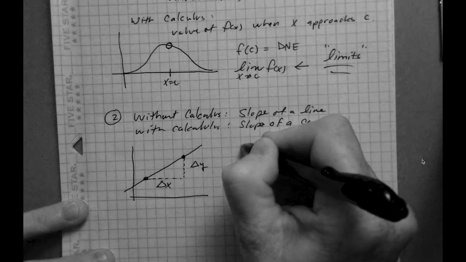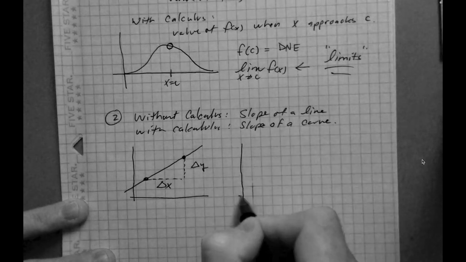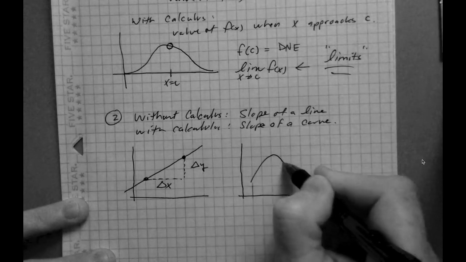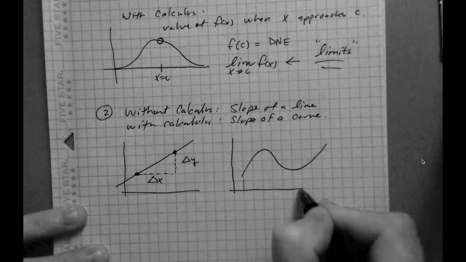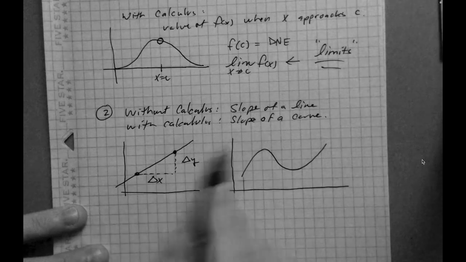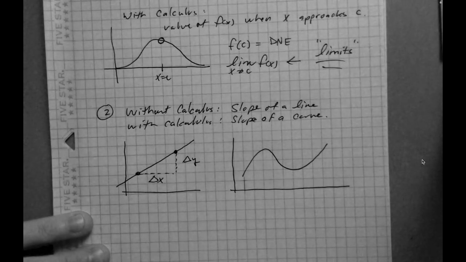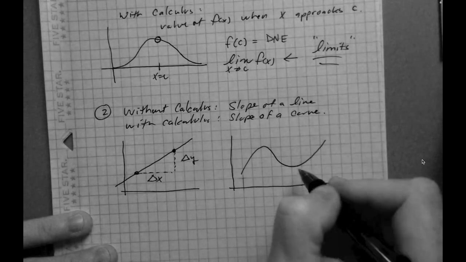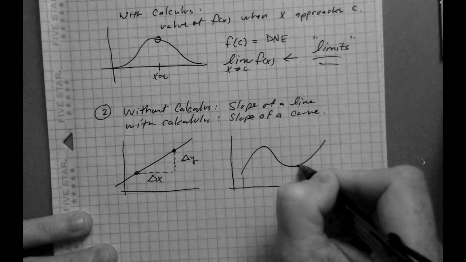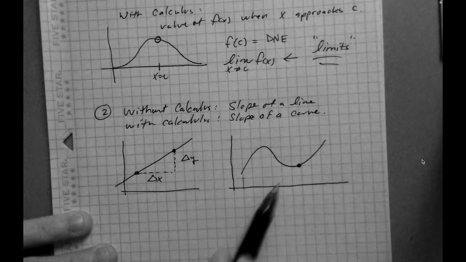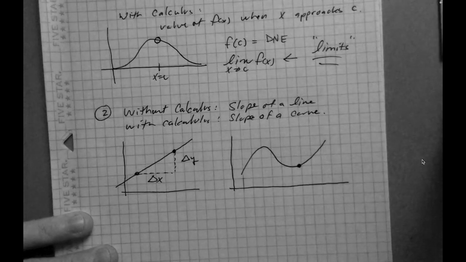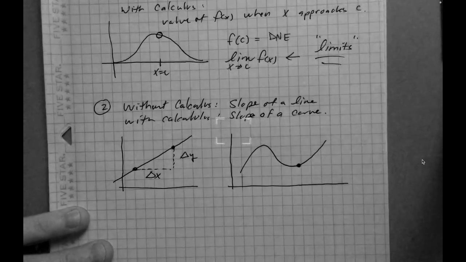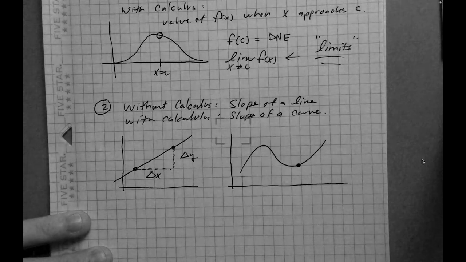Now, what if instead I want to talk about a curved line like that, a function that isn't just a linear function, right? Something that has curvature like this. So what if I want to know specifically the slope of this curve at this exact point? Right? How would I do that?